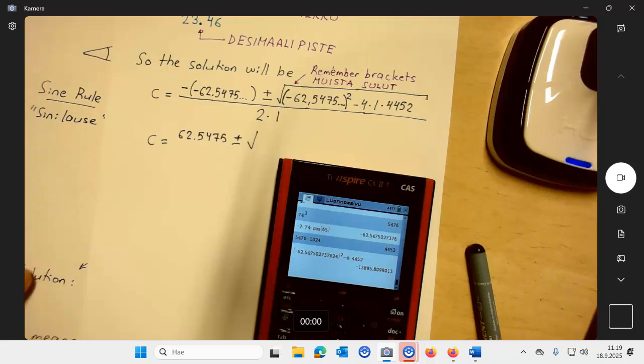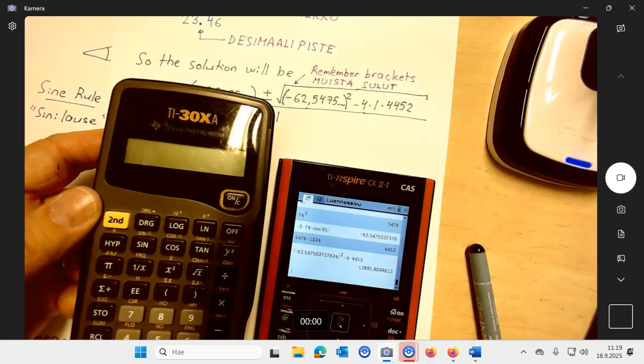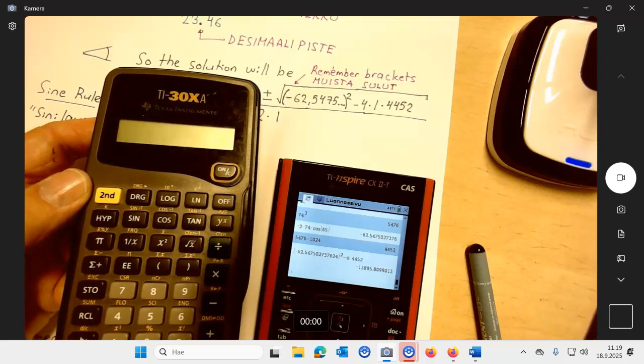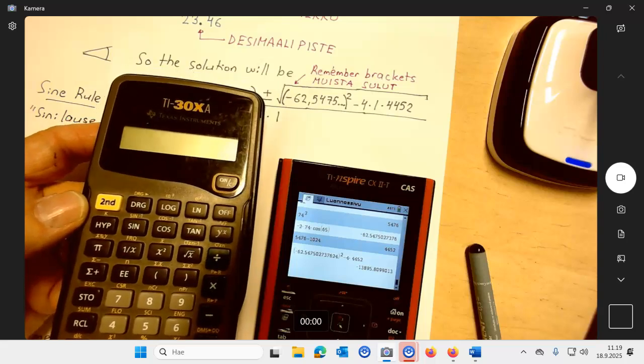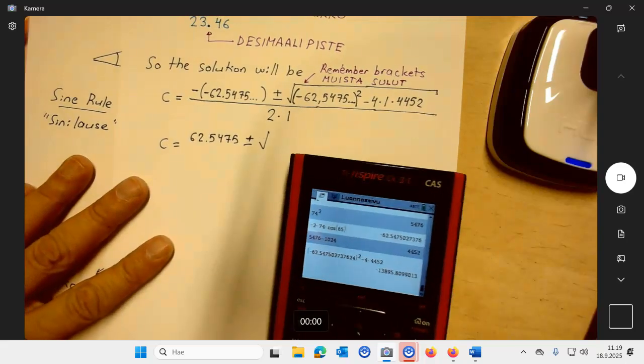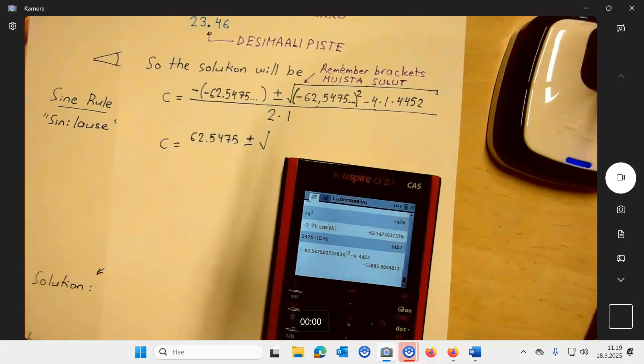Is it your son's? Yeah, he borrowed it, or he didn't steal it, but he forgot to return it. I think this is quite a cheap calculator. Maybe the price is about 10 euros, I guess. I'm just asking because we don't have those.